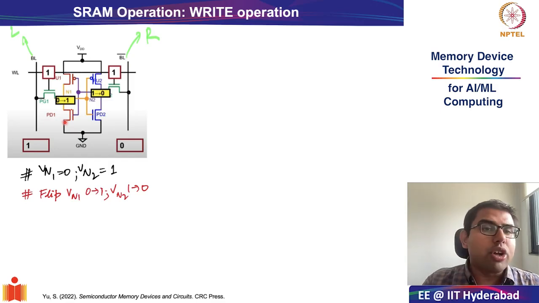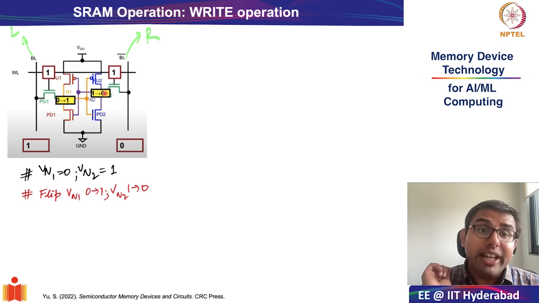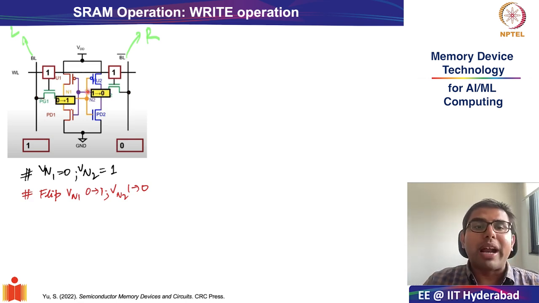In our write operation, we have the left branch, which is 0, and the intention is to flip it to 1, and our right branch has 1 and our intention is to flip it to 0. The configuration is the same as earlier when we were trying the read operation. So left branch had 0 and right branch had 1.